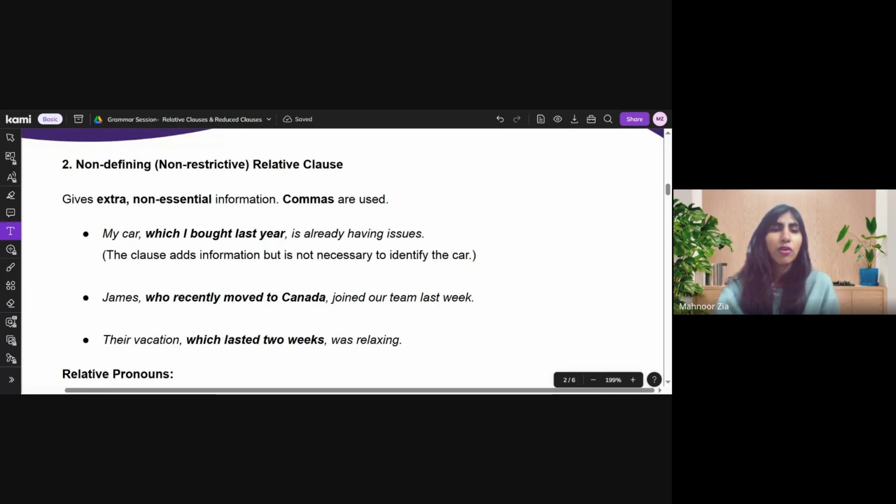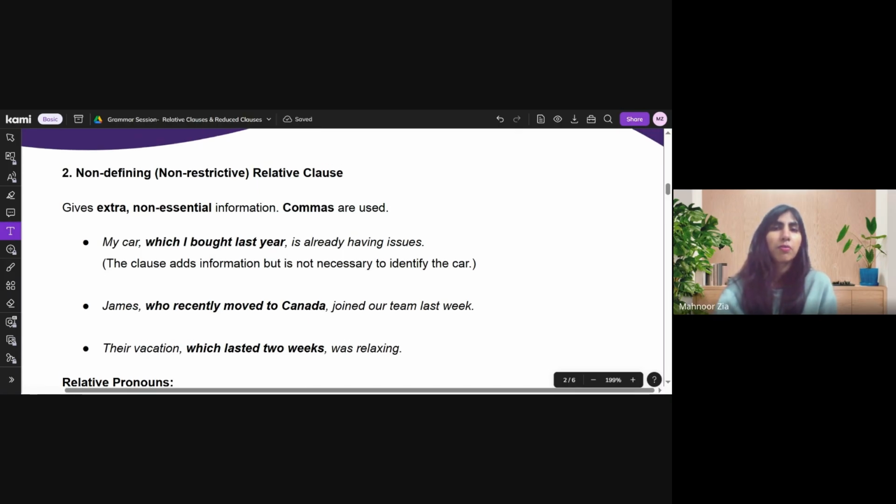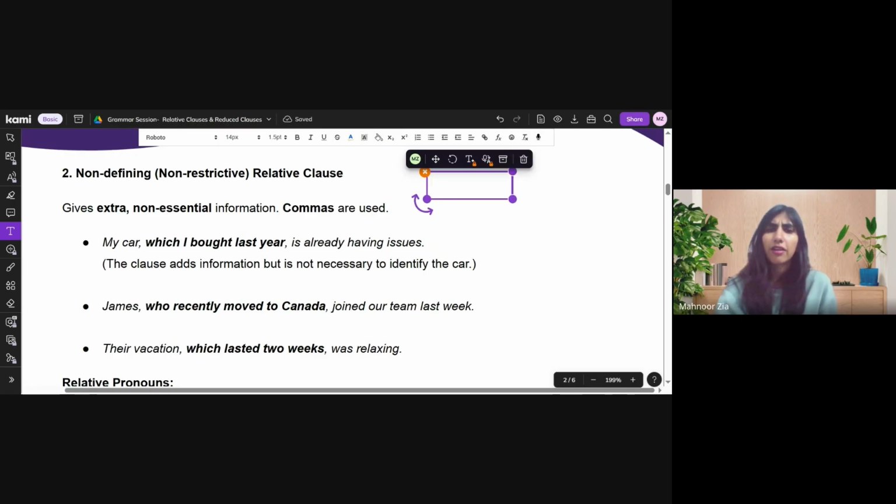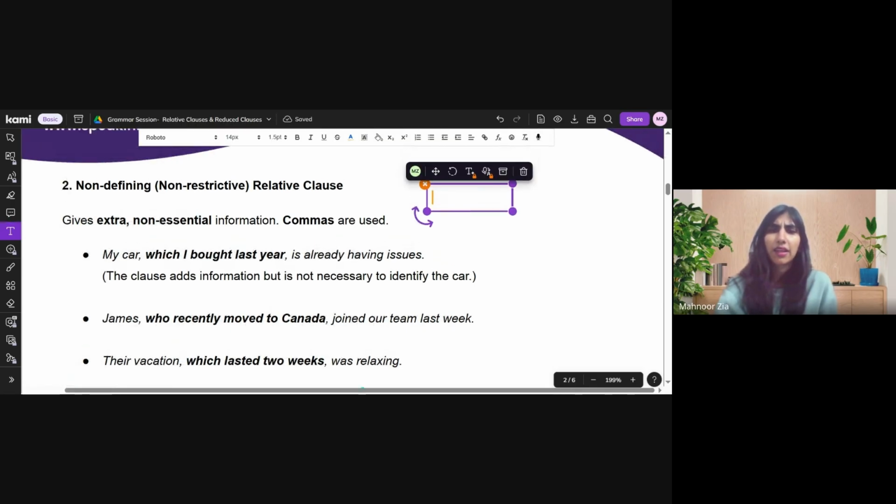Then James, who recently moved to Canada, joined a team last week, or their vacation, which lasted 2 weeks, was relaxing. Now, in this one, you would use commas because this is additional information that is not exactly necessary to the context. The relative clauses, by the way, would remain the same.